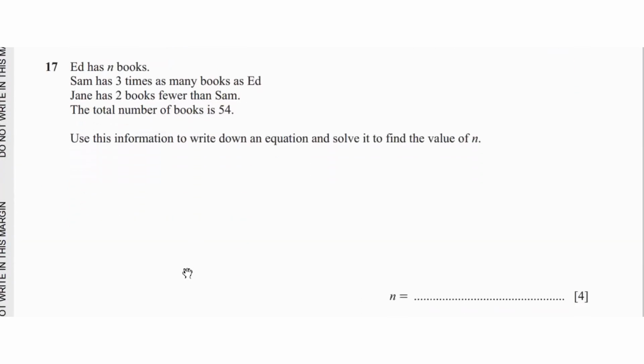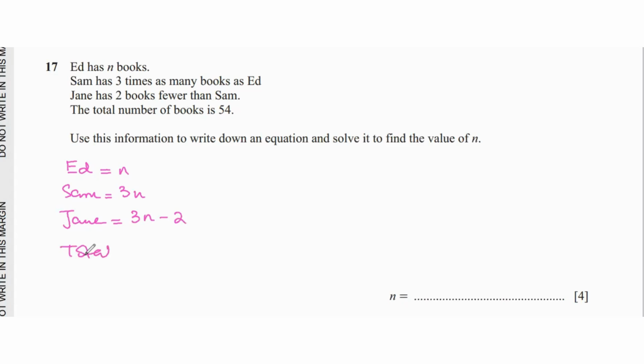Question 17 says, Ed has n books. Sam has 3 times as many books as Ed. Jane has 2 books fewer than Sam. The total of the books is 54. Use this information to write down an equation and solve it to find the value of n. So Ed is n. Sam is 3 times as many as Ed, so 3n. Jane is 2 books fewer than Sam, so that means 3n minus 2.